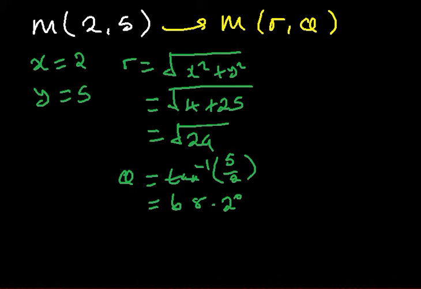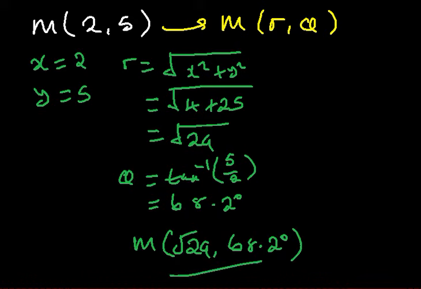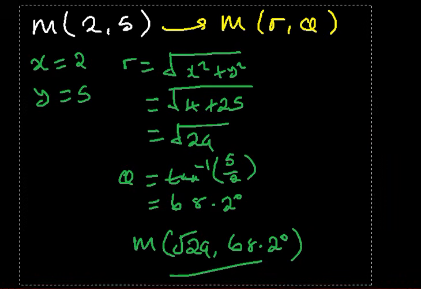So the point M, in terms of the polar coordinate system, is given as the square root of 29, 68.2 degrees. So this is what we call the polar coordinate system.